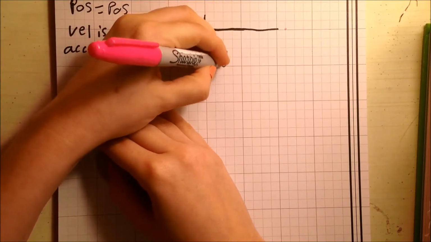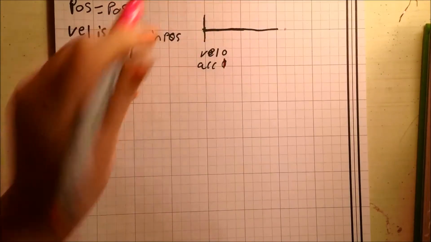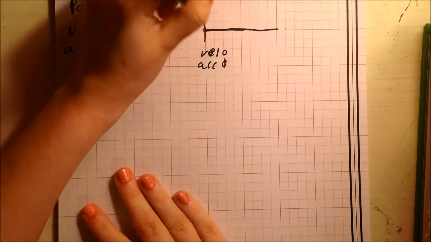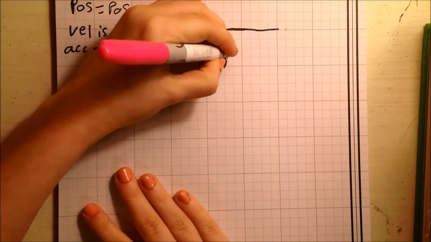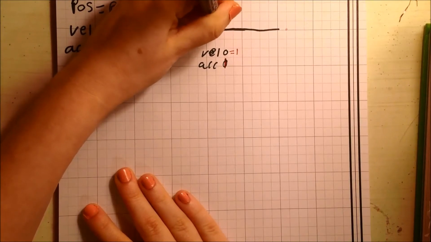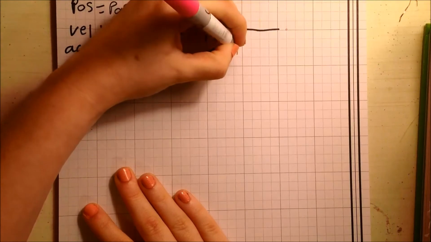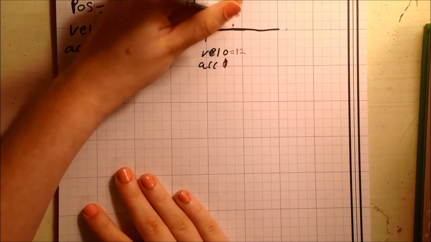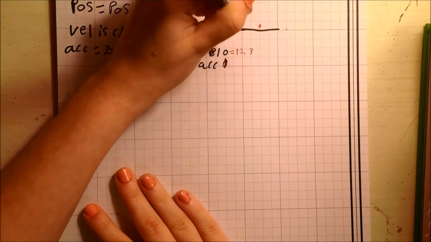But then let's say the acceleration becomes 1. So then the first update, we don't move, but then the velocity becomes 1. So then the next update, we move over 1. Then acceleration is still 1, so velocity becomes 2, and we move over 2, and so on. It would then be 3.